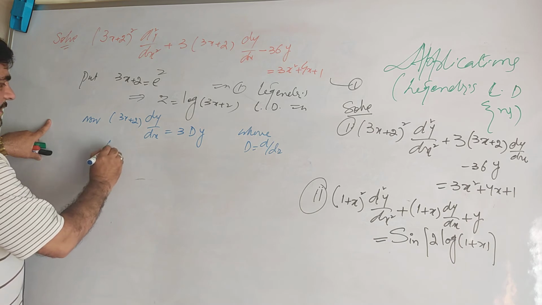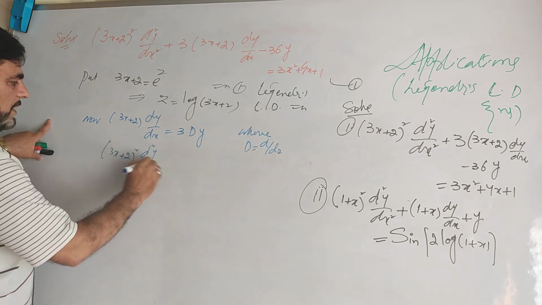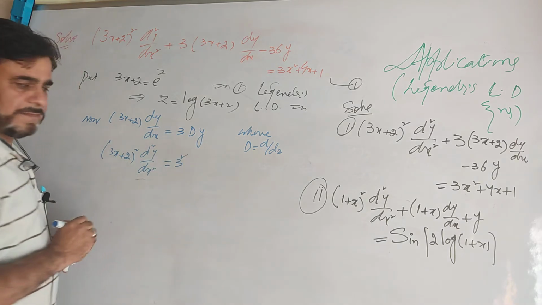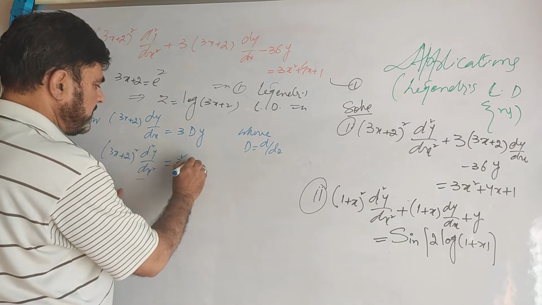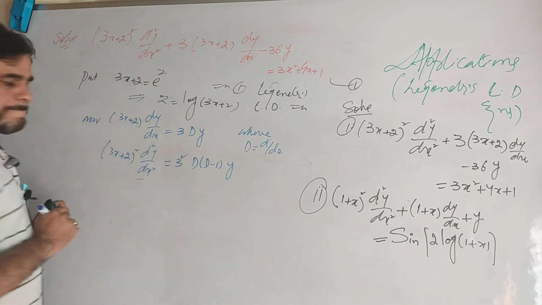And what is (3x plus 2) square d2y by dx square? Look here, it is 3 square b square, in case of square, D into (D minus 1) into y, where D is this.